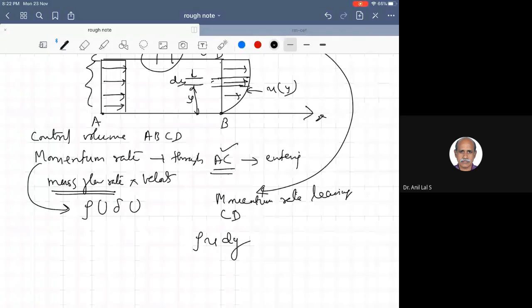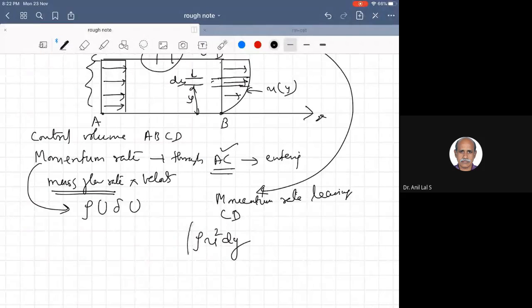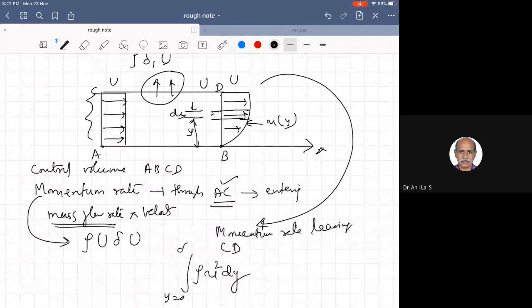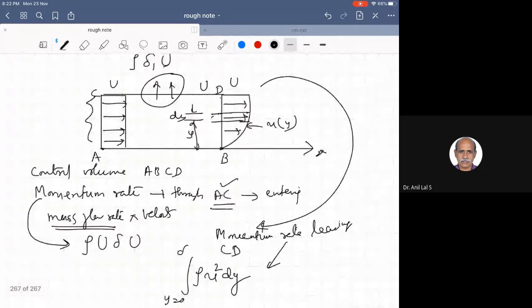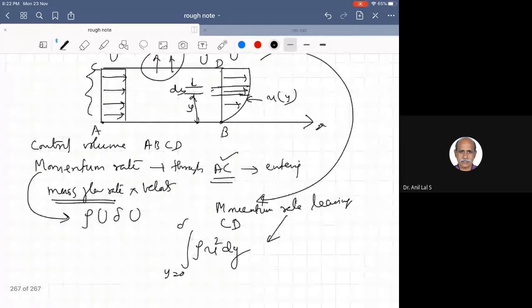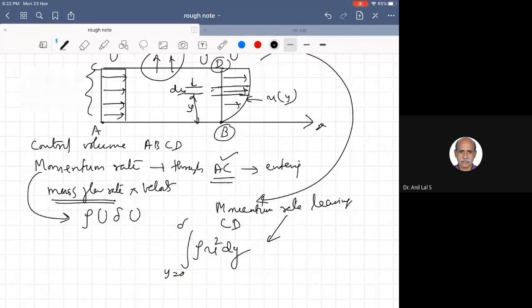The momentum is that multiplied by velocity once again, and this is integrated from y equal to 0 to delta. This is the momentum rate leaving BD.